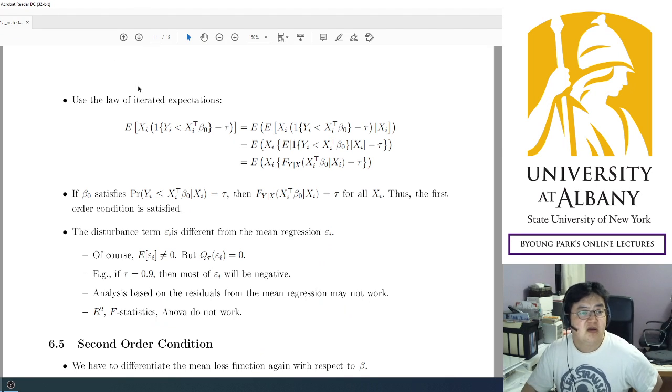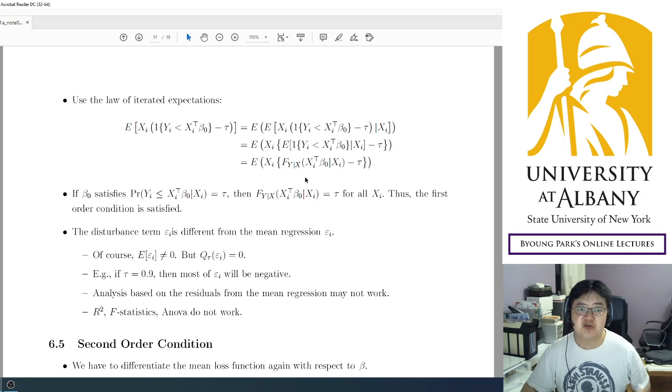From there, using the law of iterated expectations, we take the conditional expectation given x, and then take another expectation, and x is fixed. The expected value of this indicator function, conditional on x, becomes the conditional distribution function.